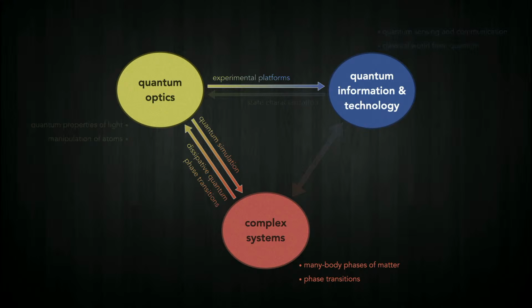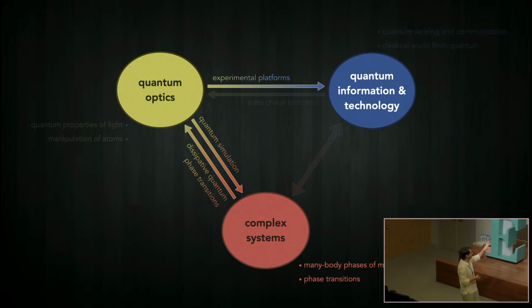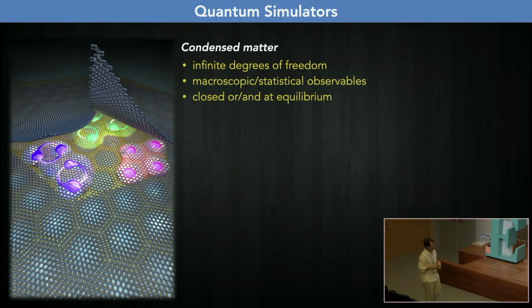So actually what I will tell you about today the most is this idea of quantum simulation and about quantum phases of matter and a little bit about quantum phase transitions. So maybe the first thing that I like to explain, usually in this setting, is how is it possible that two things that are so different are connected?